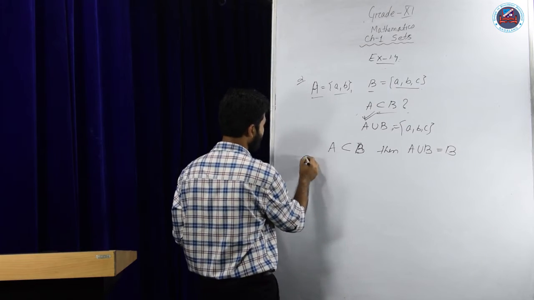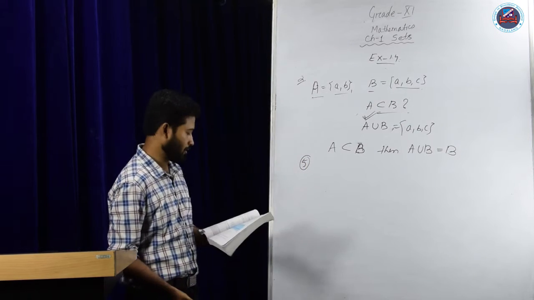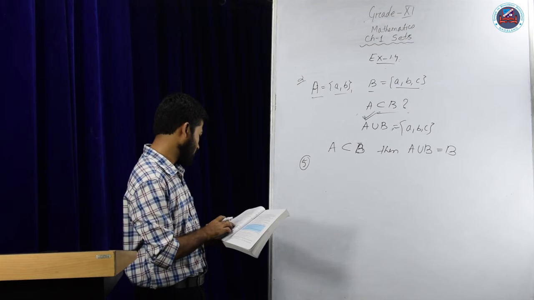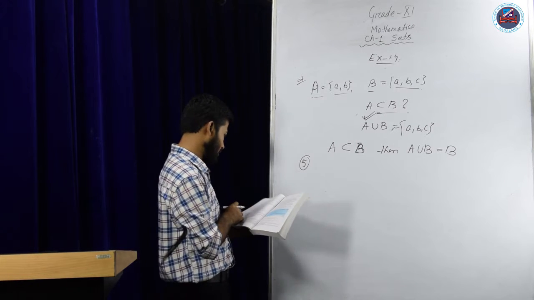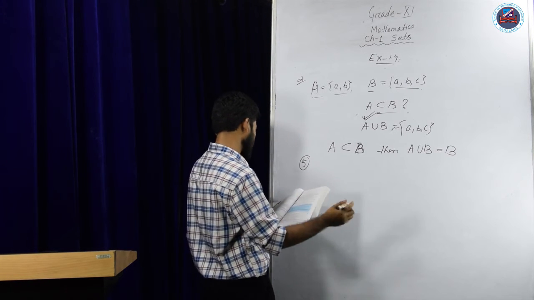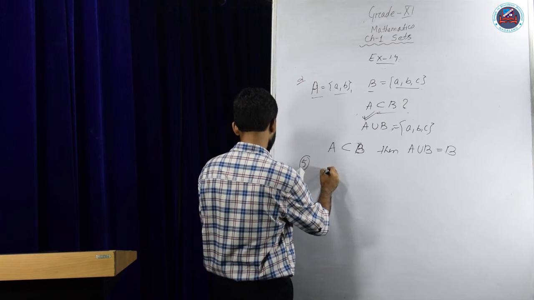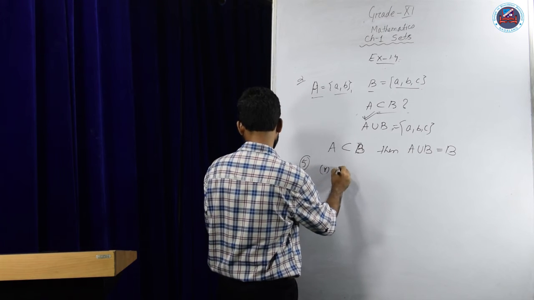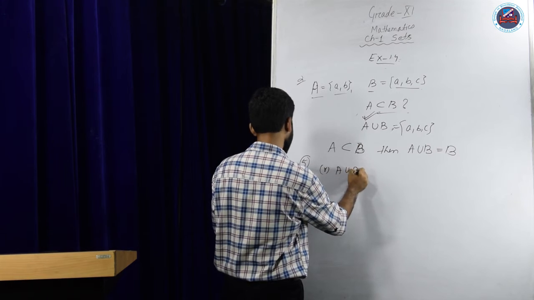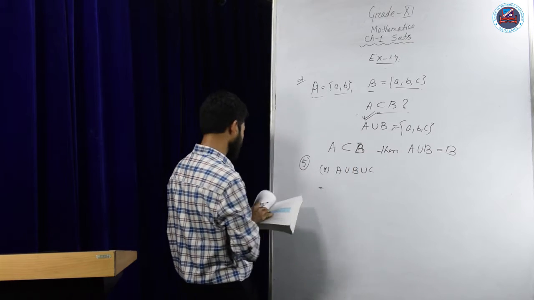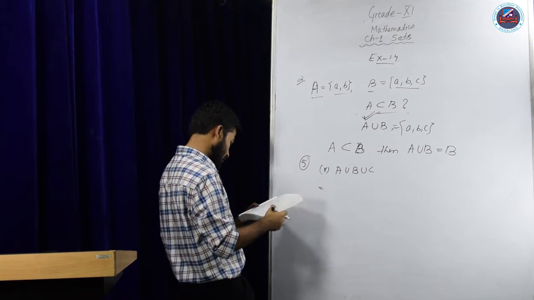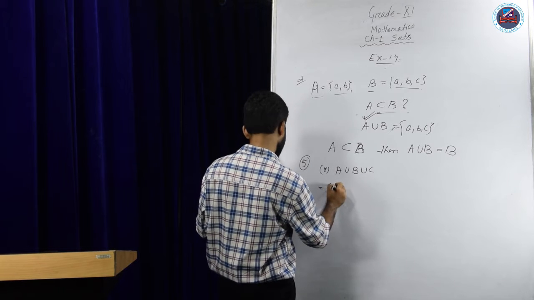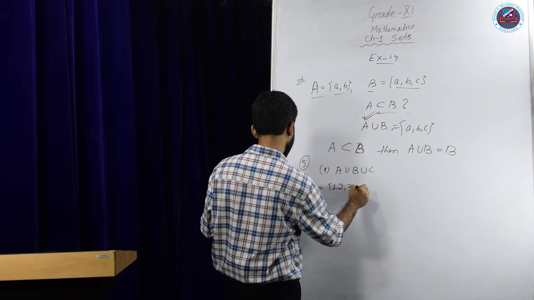So in question number 5, they've asked to find the intersection of the given sets. So we need to find A union B union C. So what is our A? It is 1, 2, 3, 4.